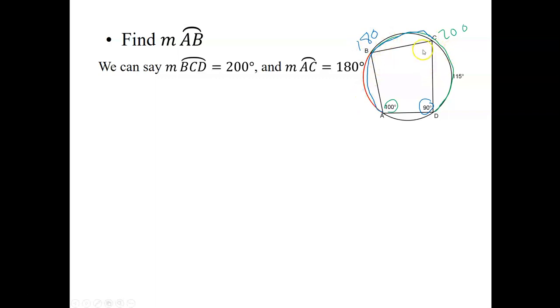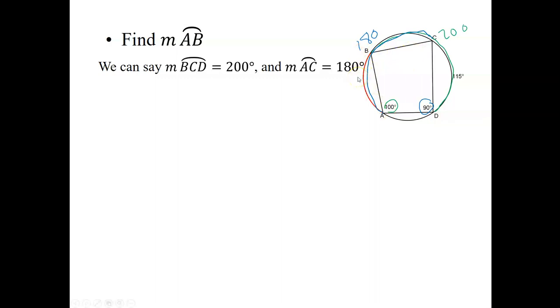Now, knowing that this is 180 doesn't necessarily directly help us find arc AB, at least not yet, because there are a lot of different ways to get that 180. We don't know that B is in the middle, and actually we'll find it's not.